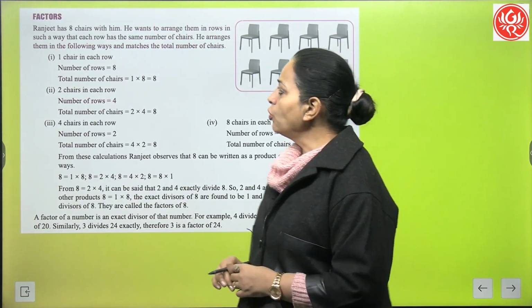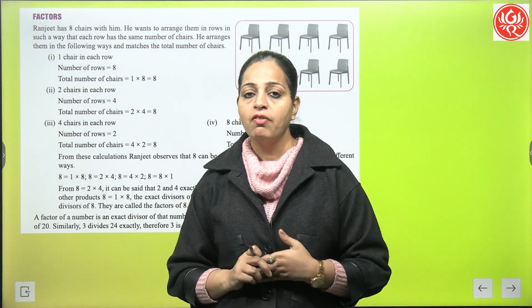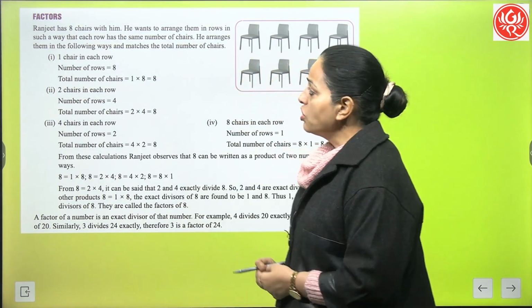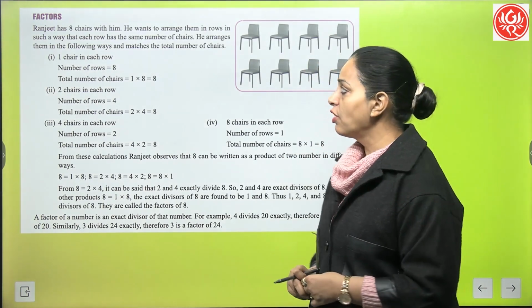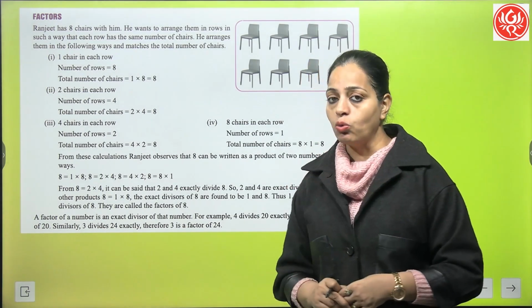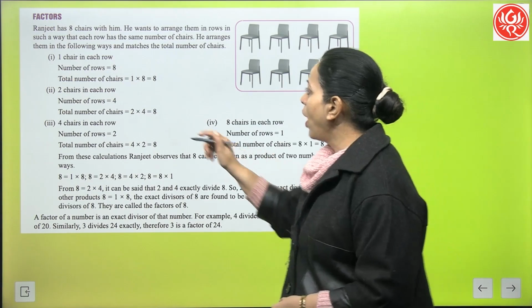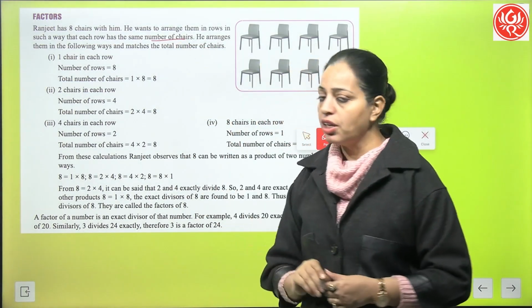Okay. Now we are talking about factors. Very important. Factors. See, Ranjit has 8 chairs with him. He wants to arrange them in rows in such a way that each row has the same number of chairs.